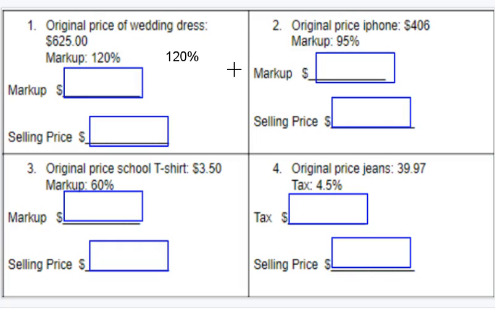Right now, my decimal is at the end. So if I were to move it over once, it would be here. Twice, it would be here. So actually, 120% as a decimal is 1.20. Similarly, you have to be careful down here in number 4 with 4.5%.